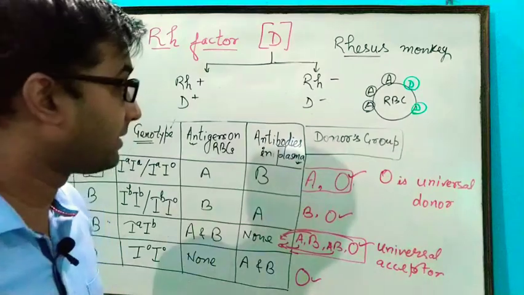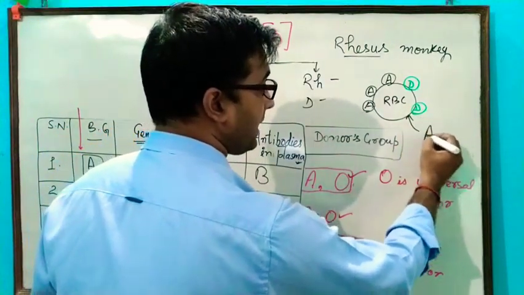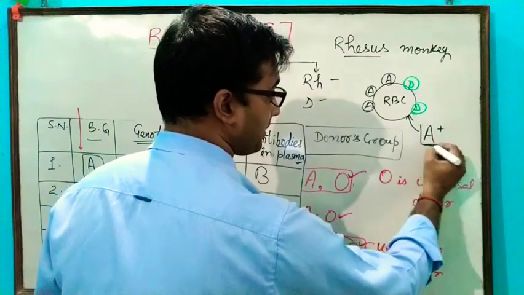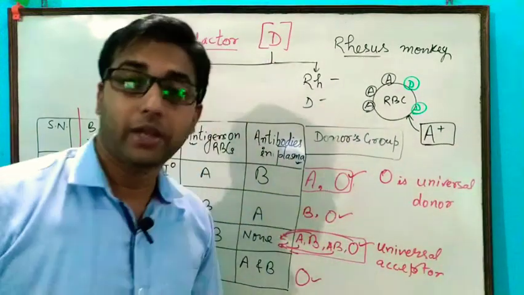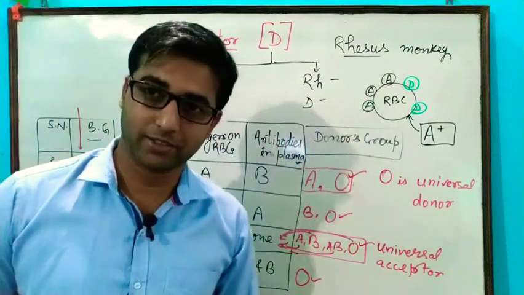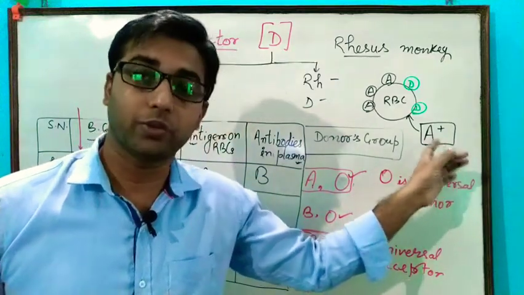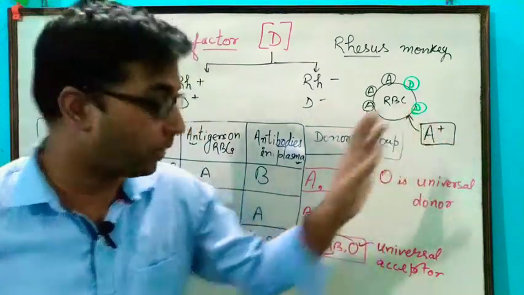Now, what happens? This is known as A positive. The person having A blood group and also having Rh factor, in very common terms, is A positive. The blood group is known as A positive.